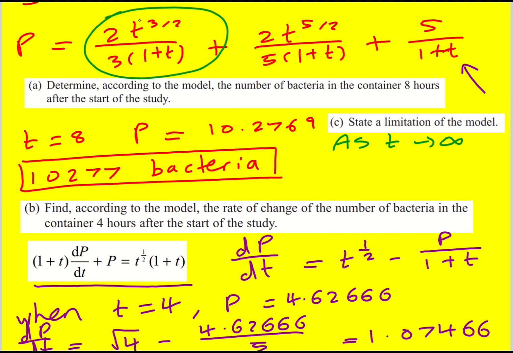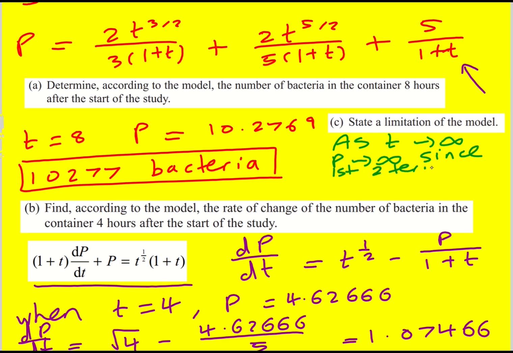I know we're going to divide by a bigger number, but the t to the 3 over 2 is going to dominate. You can say that is going to become insignificant when t approaches infinity. And so we're going to get 2/3 times t to the half from that. And then from this one, that's going to become insignificant. We're going to get t to the 3 over 2 times 2/5. But basically, P is going to approach infinity since the first 2 terms both approach infinity.